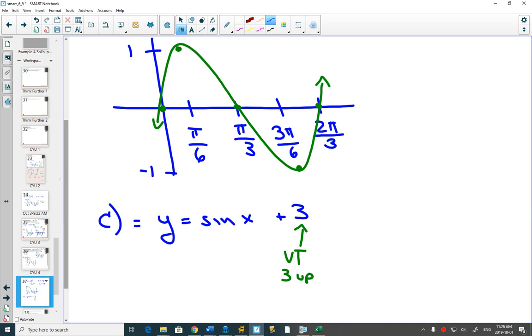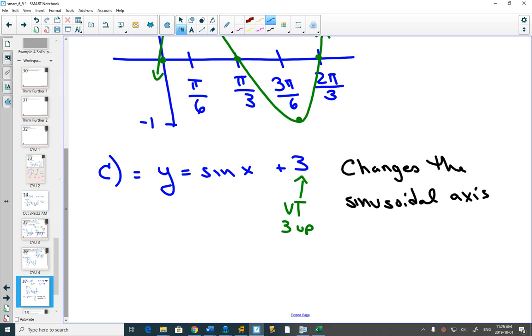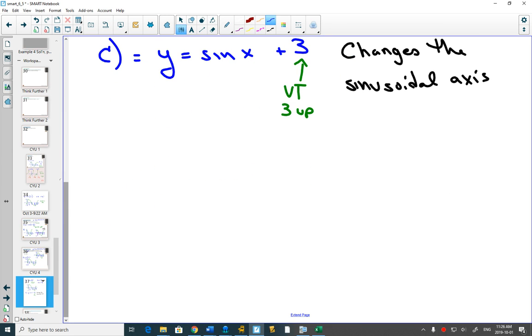What in particular is that going to change? That's going to change the sinusoidal axis, or your center line. Sometimes it's called an average. So anytime that we have a d value that moves something 3 up, we're going to have a new place for our sinusoidal axis.